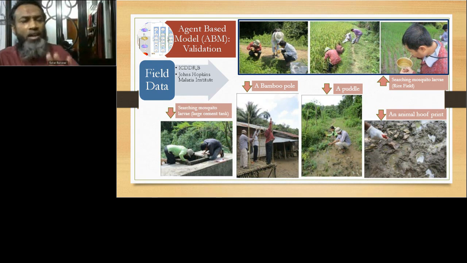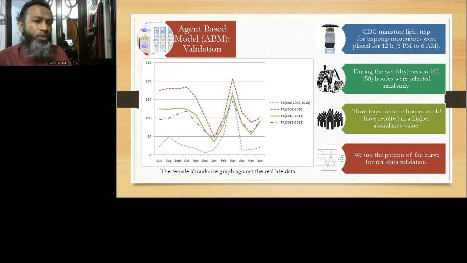This was done mainly by ICDDRB people, and through this exercise they came up with the census information, how many female Anopheles vagus are there in those particular unions and so on. So when we had this data and when we had implemented our core model, we tried to validate the model against these data.